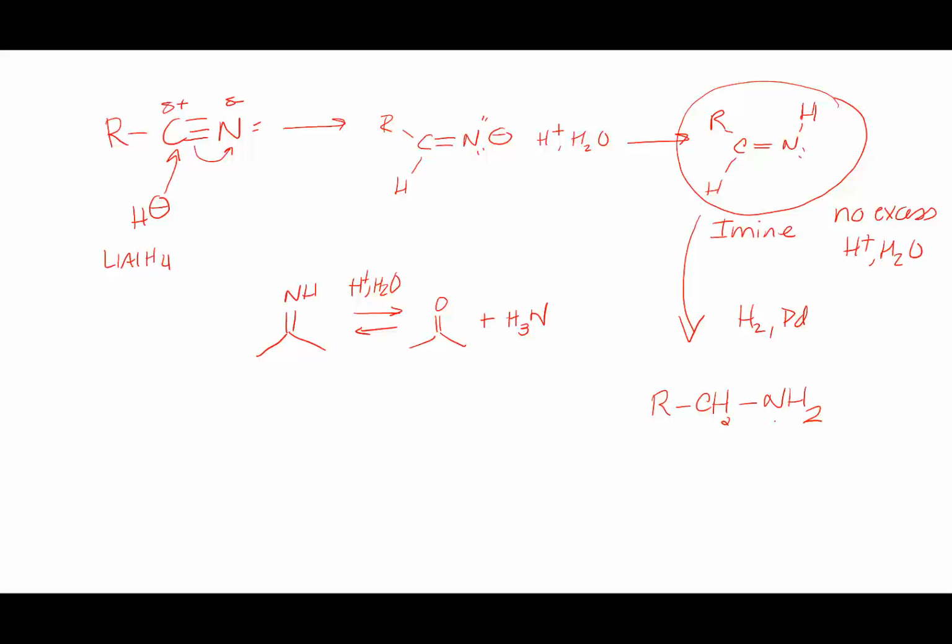Okay. So that's another method we can use to make amines, probably primary amines. Although from reductive amination we can make primaries and secondaries nicely. Okay, so that's all. That's great.